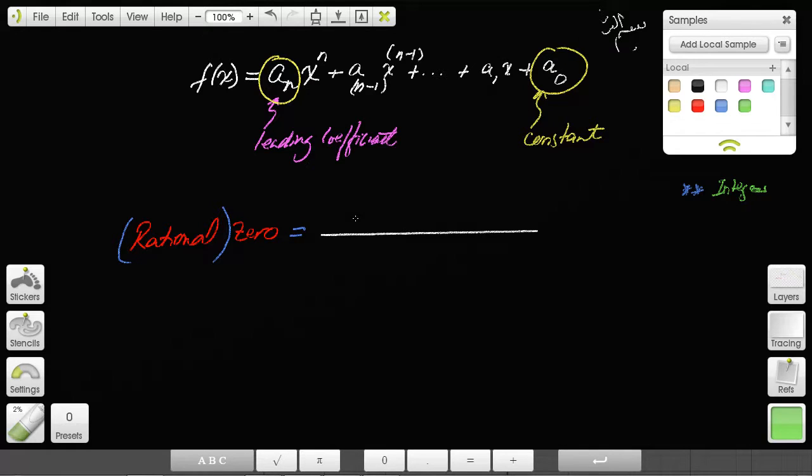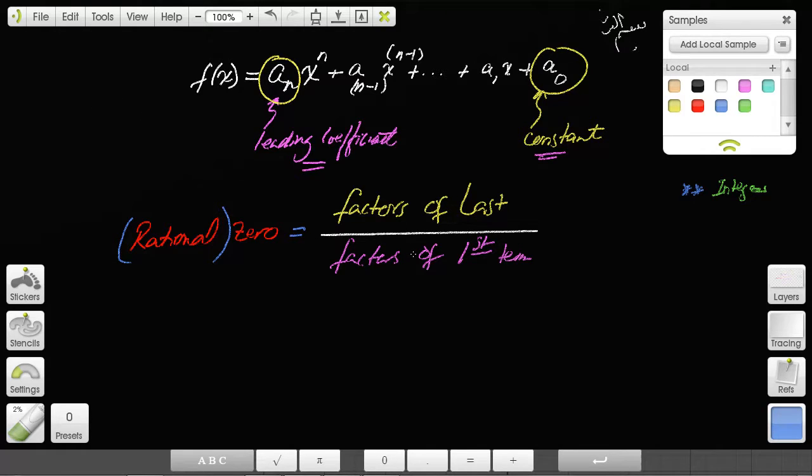All of them are going to be fractions such as factors. This is how I remember it: factors of the last term over the factors of the first term, or the leading coefficient. Every single rational zero is going to be a factor of this over a factor of this.